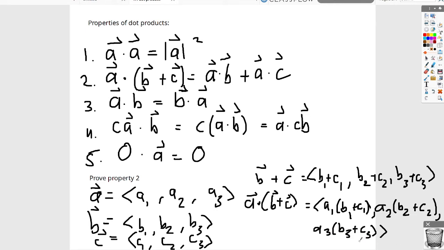And then if you do it this way, you will have A1 B1 plus A2 B2 plus A3 B3 plus A1 C1 plus A2 C2 plus A3 C3, and you will get the exact same. I don't have enough space to fit this. I would if I could, but I didn't think the proof was going to take this long. So that is it, I guess.